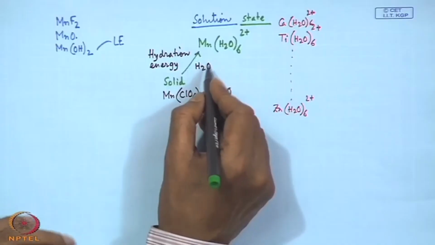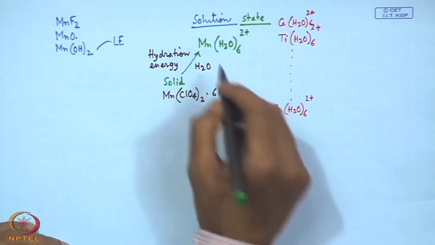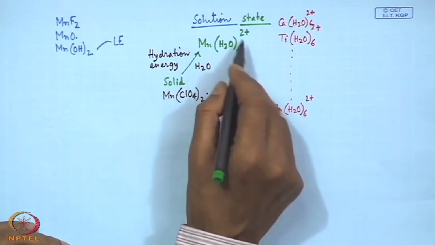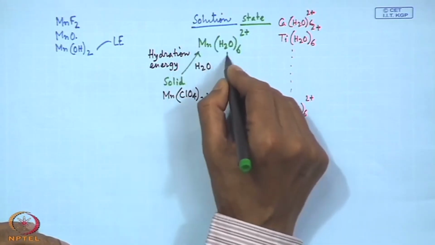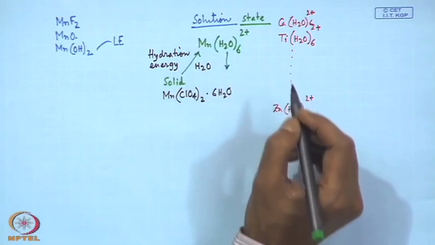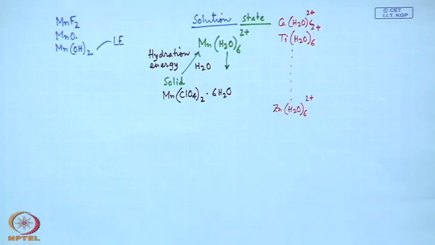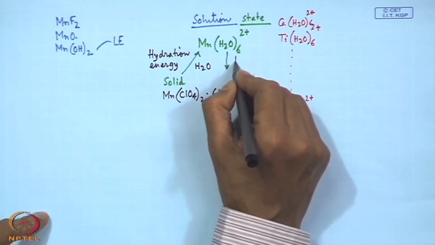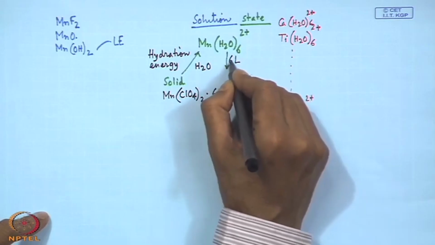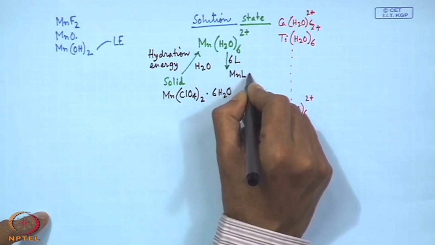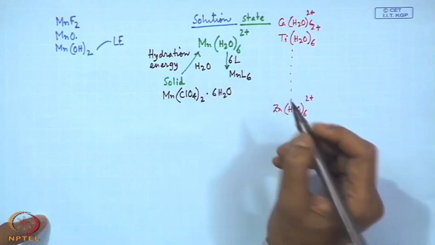that means whenever we dissolve some salt, whatever we have in the solution is the starting point for the complexation reaction. When we add certain ligands to it, if they are 6 in number, then this manganese can form the corresponding MnL6 species.